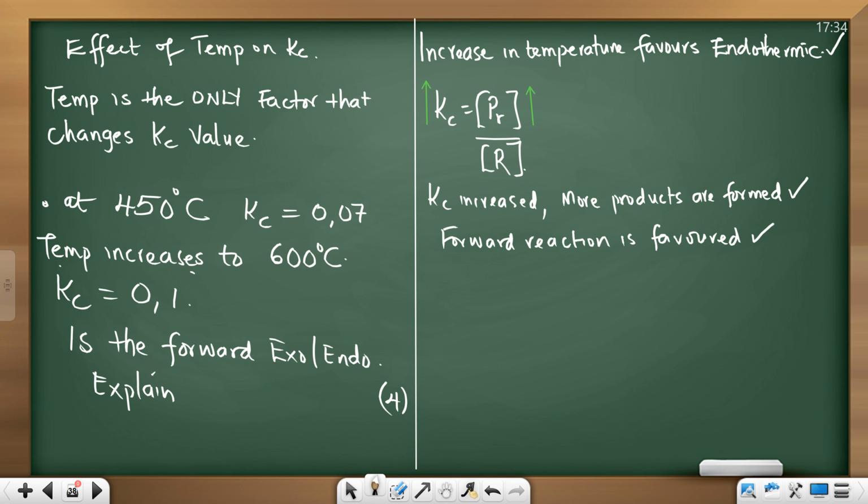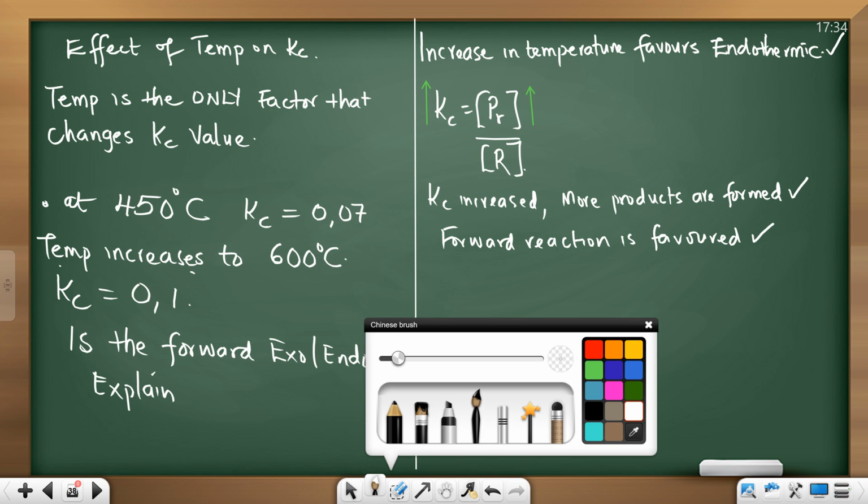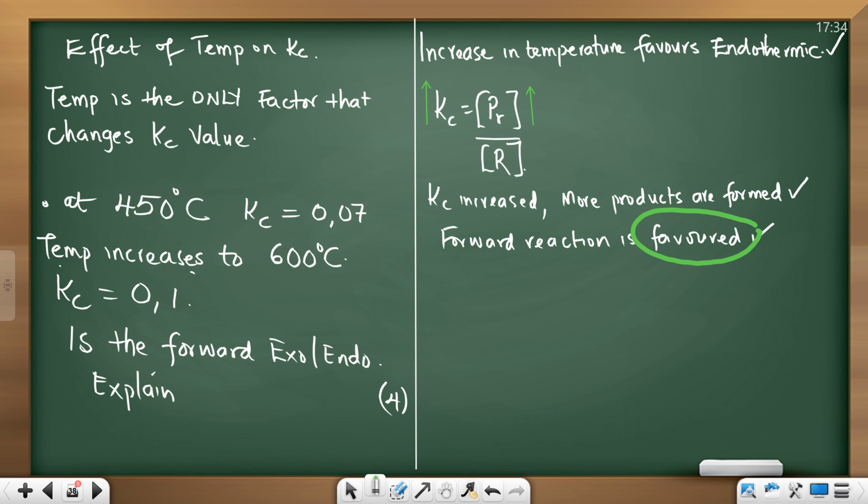How many times did I use the word favored? Please watch my highlight. Which reaction is favored? Forward. Which reaction is favored? It means endo is forward.